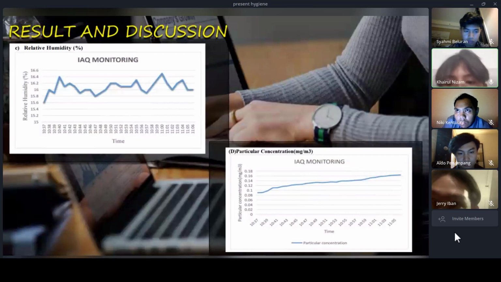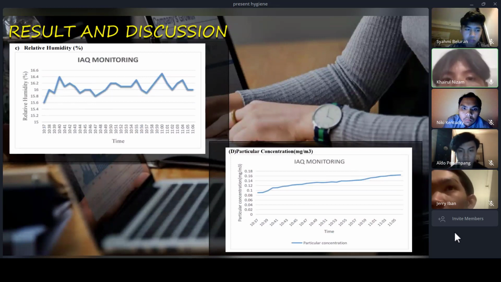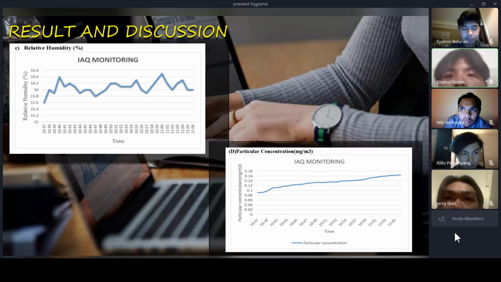That's all from me. Okay, thank you, Nizam. So I will continue this part, which is for another result and discussion. Firstly is particulate concentration. Based on this graph, we found that the particulate concentration increased dramatically, from 0.09 to 0.60 milligram, and this exceeded the permitted limit of 0.50 milligram.